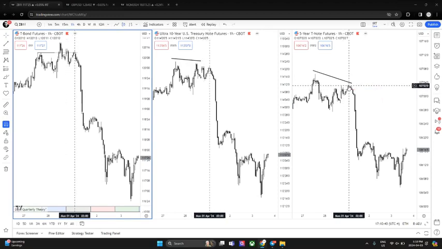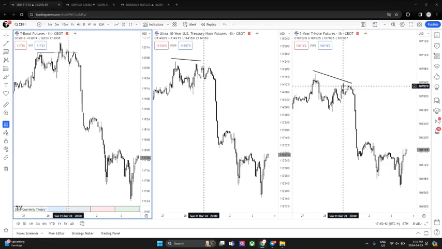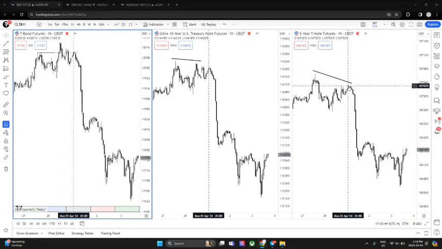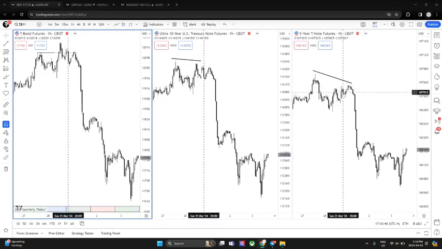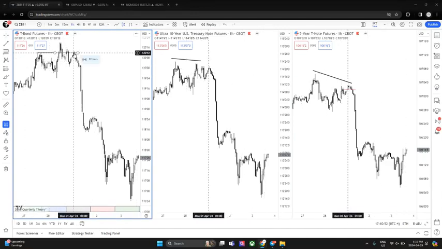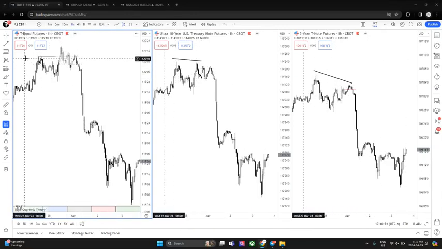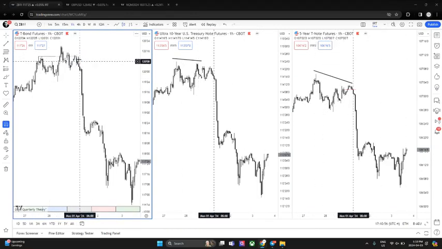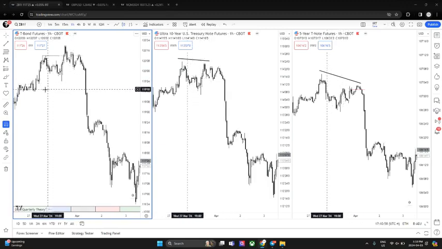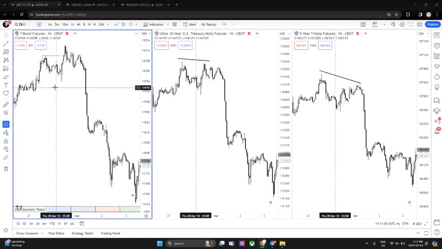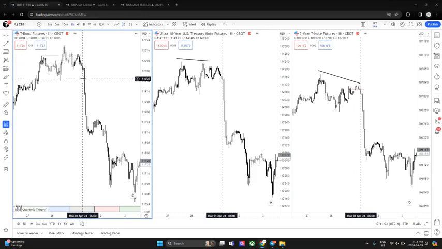So this was sequential SMT. Price did trade above this by a few points, but we don't care about that. It's the closes that really matter to us. Here we had price close below here, and here we had price close below here. So we had two sequential SMTs, which was in sync with our bias, and then afterwards we just had expansion.